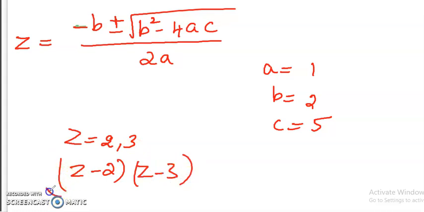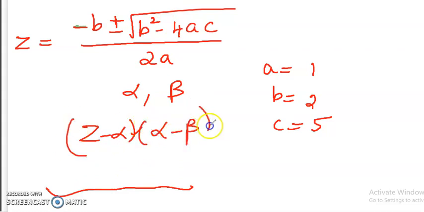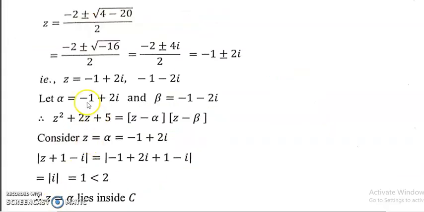We can write the given equation in factor form if 2 and 3 are the roots. Similarly, here we have alpha and beta as the roots, so we can write the given equation as (z - alpha)(z - beta).